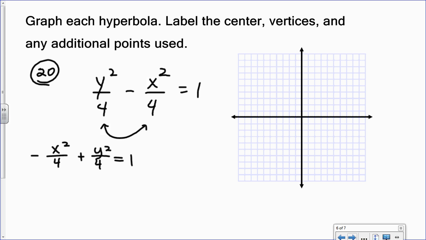Okay, so which one is positive, x or y? So that means it's a vertical hyperbola. I don't have an h and k, so my center is 0, 0.